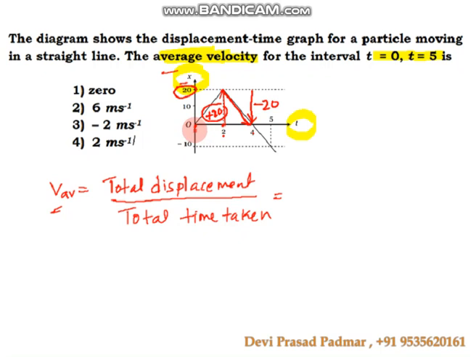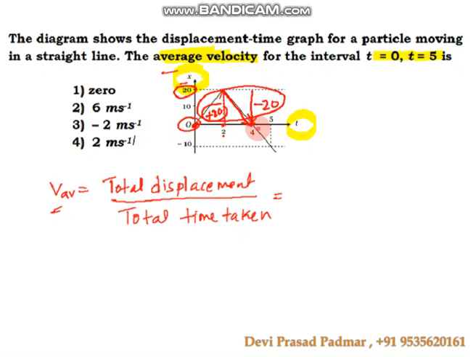That means within 4 seconds the total displacement of the particle will be 0, because it started from here, goes like this, and again comes back to the same origin. So, no need to consider this displacement now, because plus 20 and minus 20 give 0.